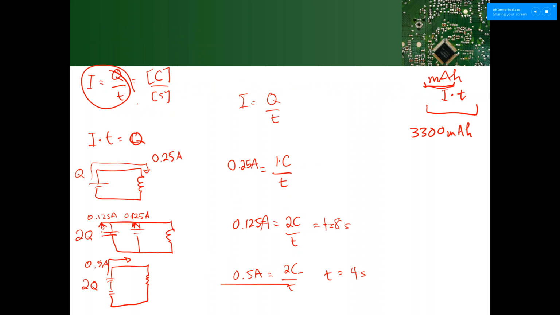And here it's going to be 1 divided by 0.25, and that's going to be how long? 4 seconds. So what could you say about the longevity of my battery?